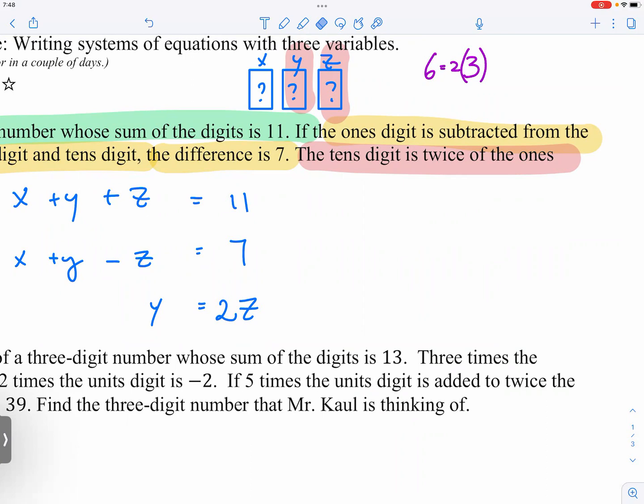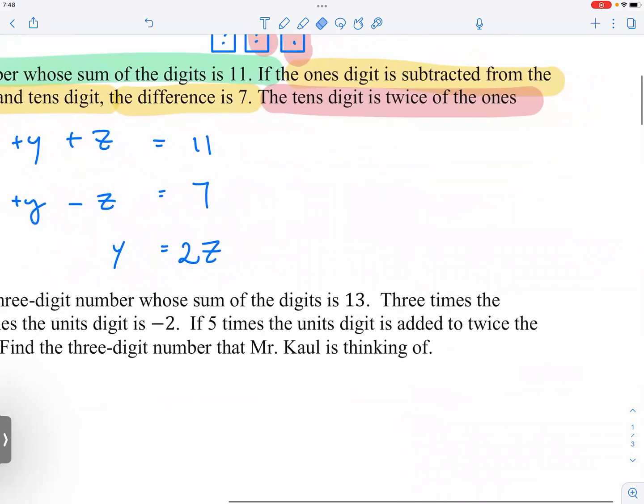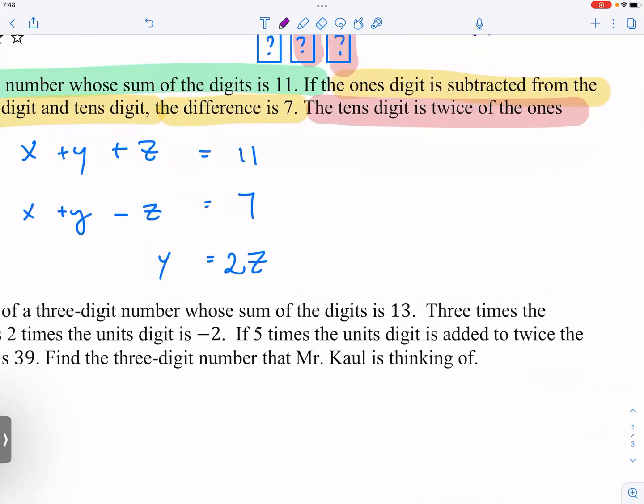We need to bring down the number of variables. Right now, altogether, we have 3. So now the question is, can we create a new system with only 2 variables? Is it possible? Yes, it is very possible.